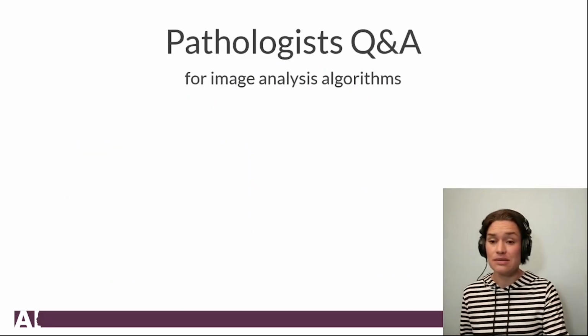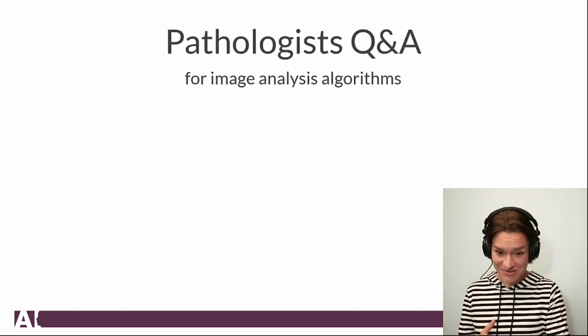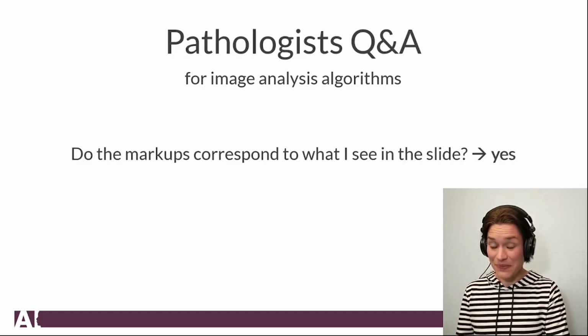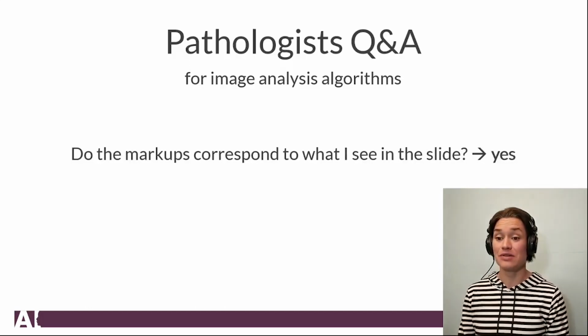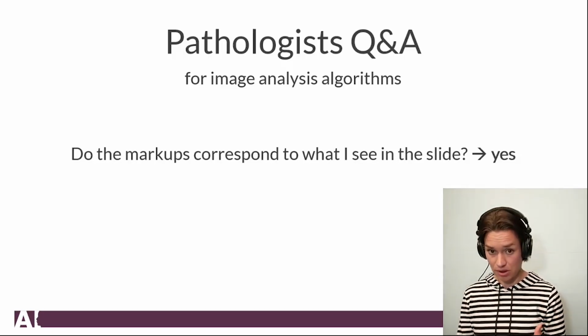So for image analysis, pathologists want to ask themselves a couple of questions and want to have certain answers to those questions for the algorithm to be useful. For example, do the markups correspond to what I see in the slide? In our example, do my pink and blue markups correspond to cartilage and non-cartilage?